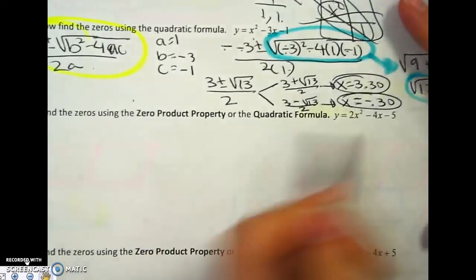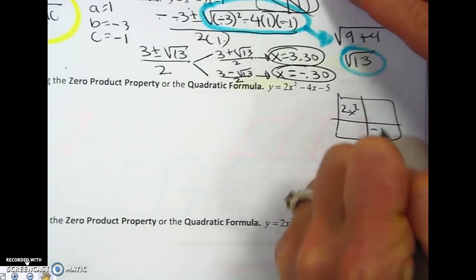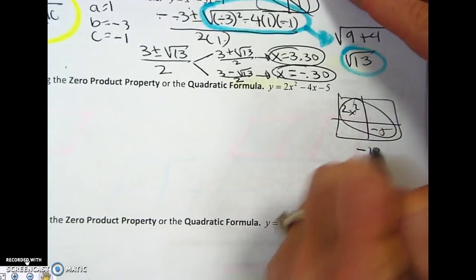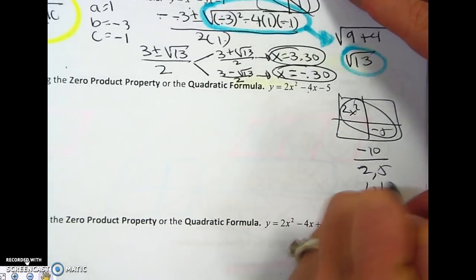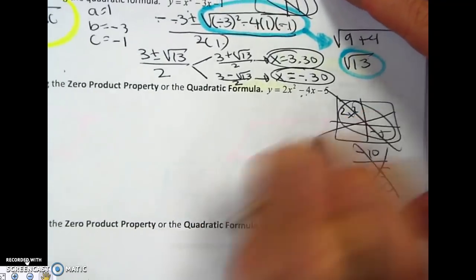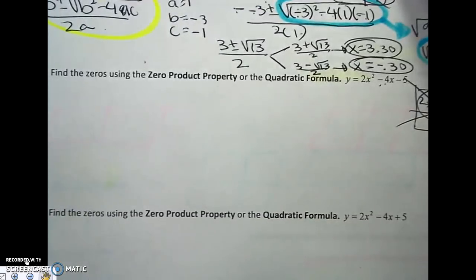I'm going to use the box if I can, because I think the box is easier than the quadratic formula. So I'm going to go 2x squared, negative 5, negative 10, and I have to get negative 4. Problem is, I can't get a 4, so I have no choice. I have to do the quadratic formula. So let me zoom this out a little bit.